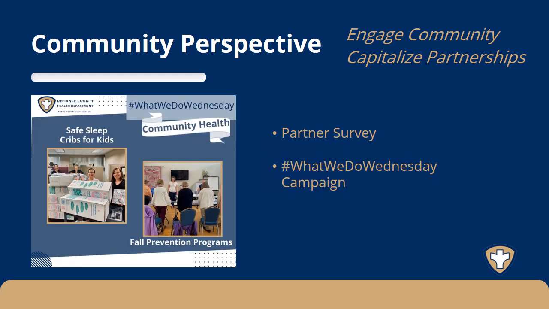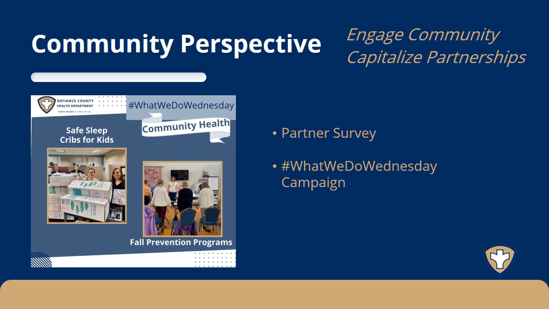Another thing that the Community Perspective had been working on was to promote programs and services at the health department. In order to do this, the group started by sending out a community partner assessment, asking how aware partners were of different activities, programs, and services that are going on at the health department.